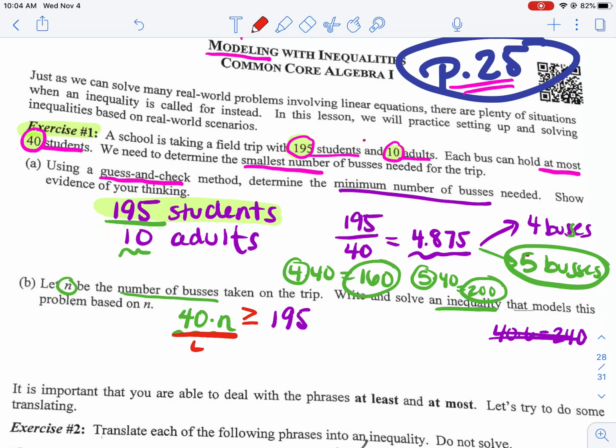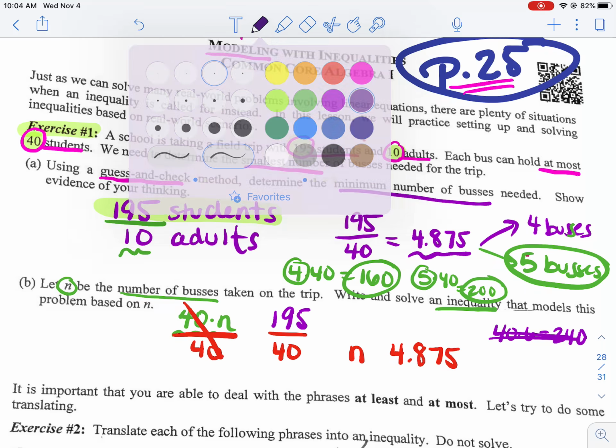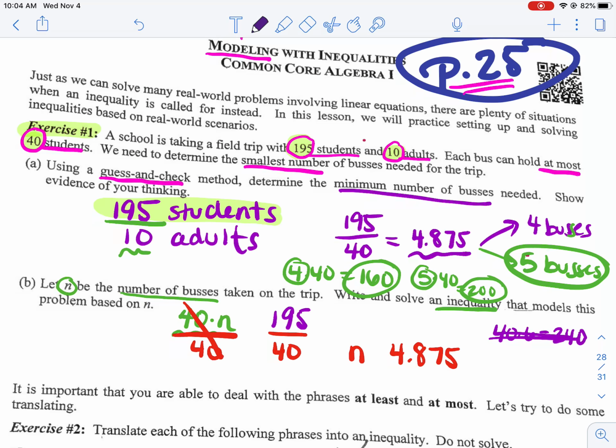If I divide by 40, we get N is greater than or equal to the same thing we did, 4.875. Oh, guys, actually, I'm sorry. I'm just checking my notes here. Let N be the number of buses taken on the trip.